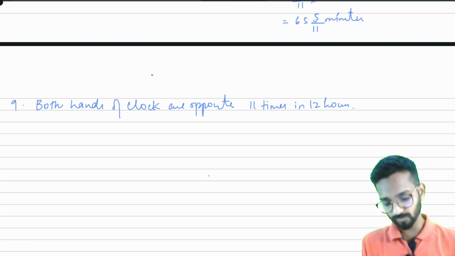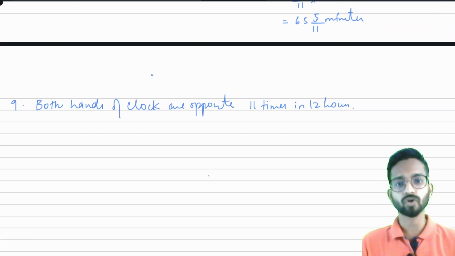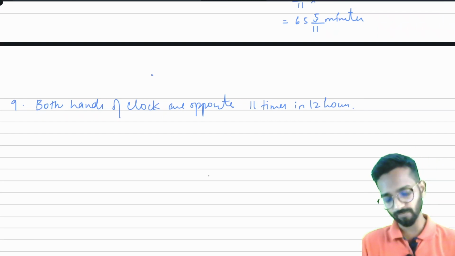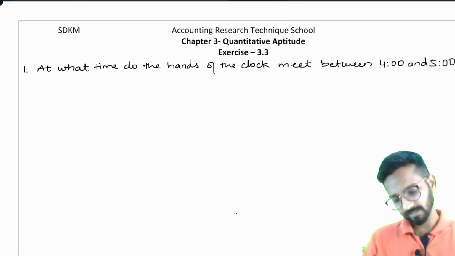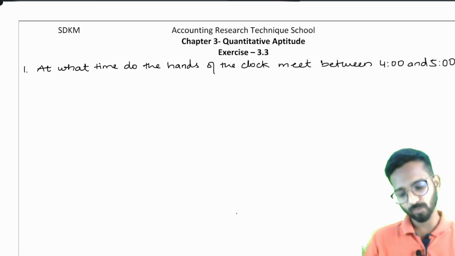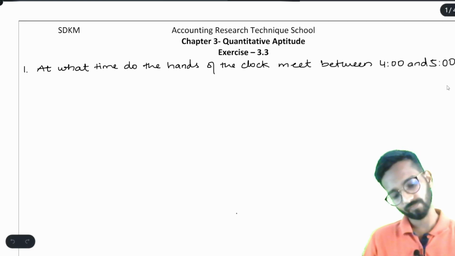Now what will we do? Now we will be solving exercise number 3.3 with the help of whatever we have learnt over here. Okay, let's see. Now see, the first question in 3.3 is, at what time do the hands of the clock meet between 4 and 5?